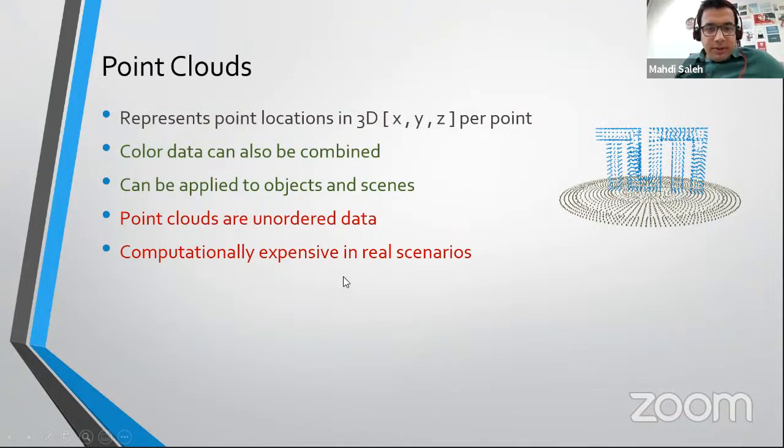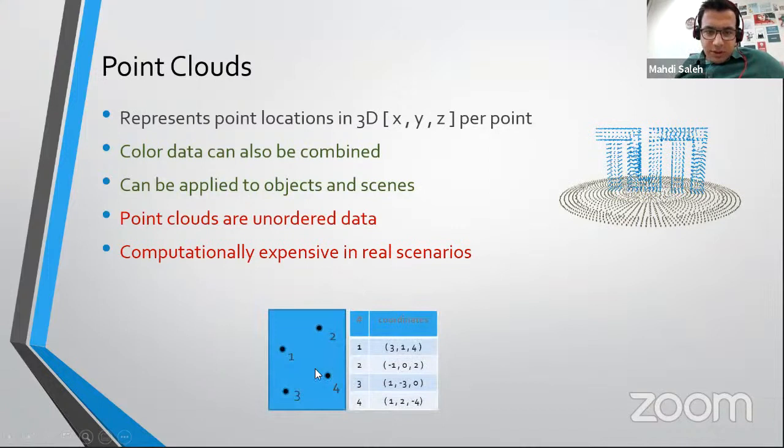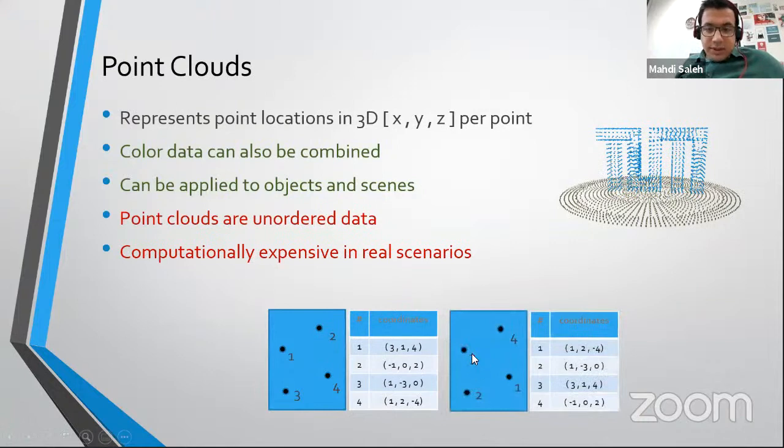But the problem with point clouds is that they are unordered data. What does it mean, unordered data? Assume you have a set of points. When you want to store them in memory or process them, you can order them 1, 2, 3, 4, and each is represented with its coordinates, and this is your array. The same points, you can shuffle them, and they would be the very same points, but you would represent them differently.